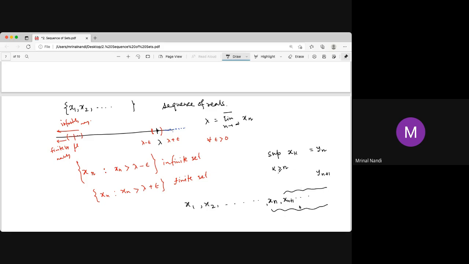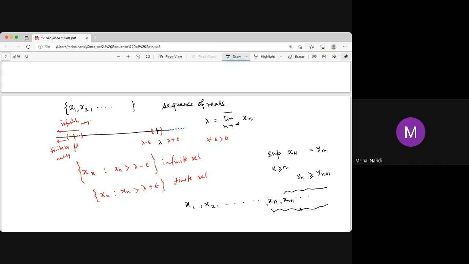Then what happens? If you drop one, the supremum value may be equal or may be less. It can't be bigger. If there are 10 elements and I take the maximum value of the 10 elements, and then drop one, the maximum value of the remaining 9 elements can't be bigger. That means it's a decreasing sequence: yn is always greater than or equal to yn plus 1.